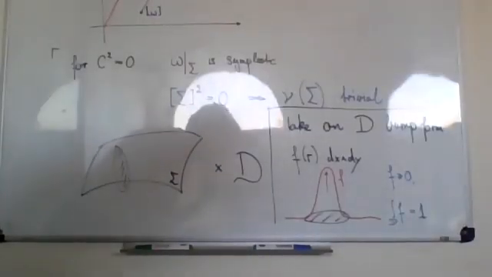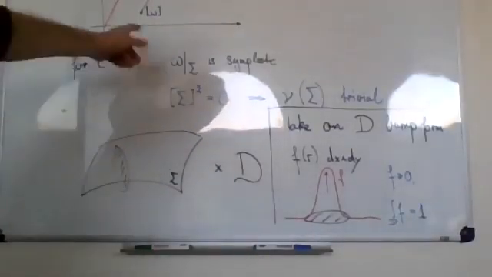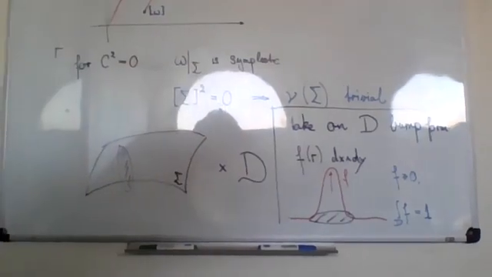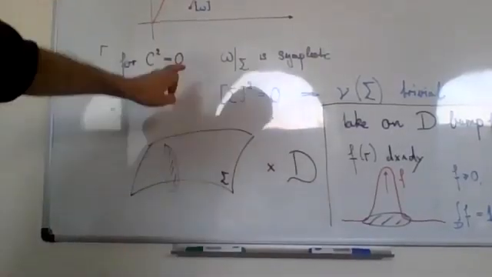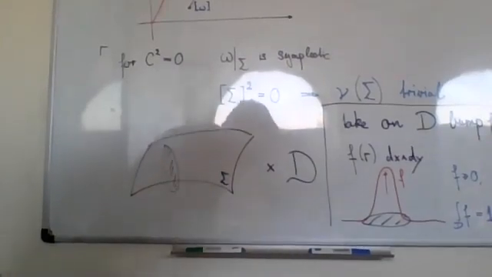Okay, so let's start the proof. I will only make the proof if C·C is 0, but the general proof is similar. So what do we know? It's a very simple construction. In this case, it is extremely simple, as we will see.